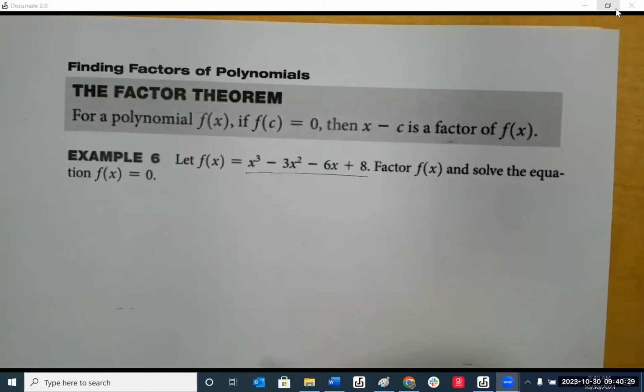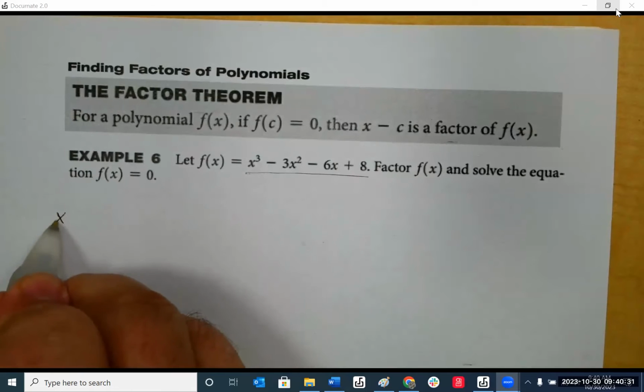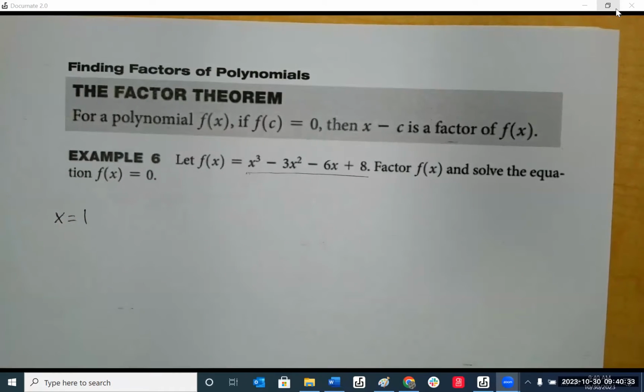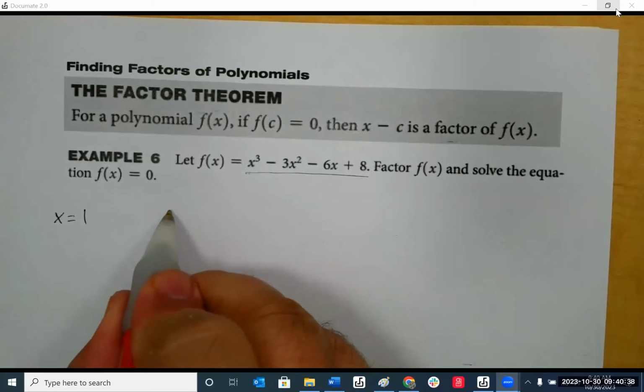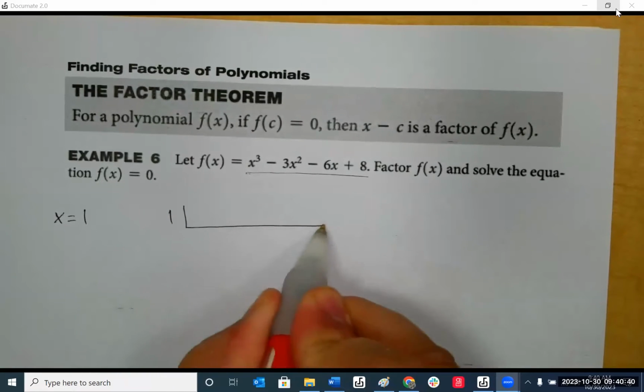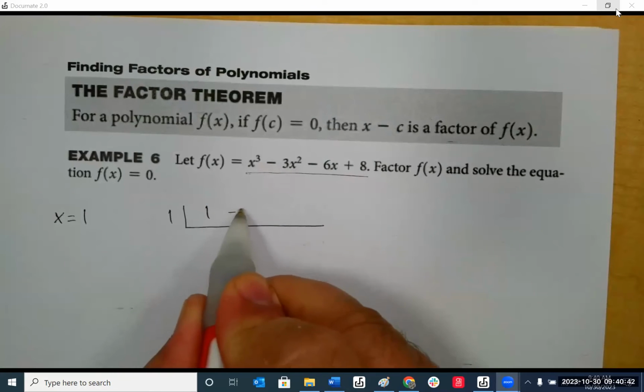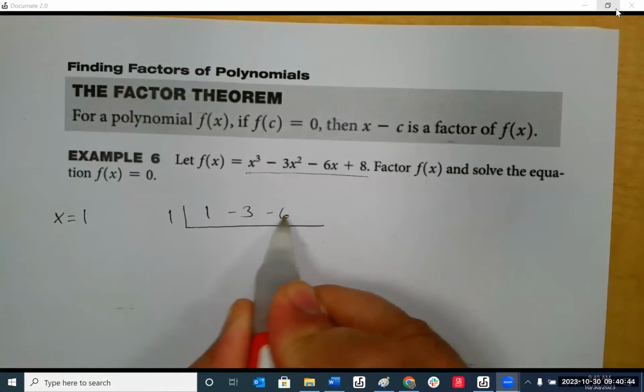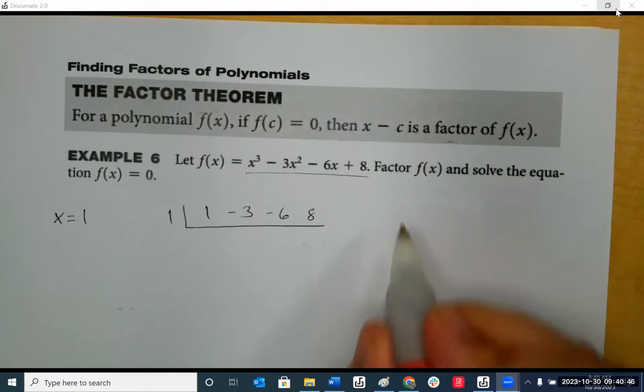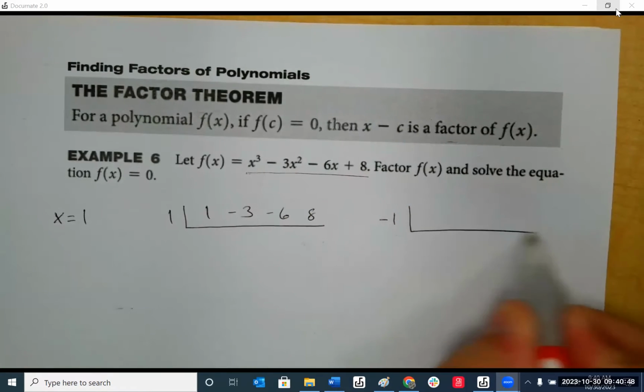So where do we begin? Let's begin with 1. See if that's a factor. See if that's a 0. So 1, -3, -6, -8. If that doesn't work, we'll try -1.